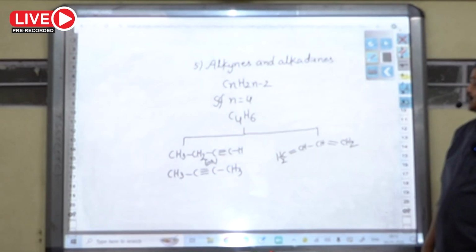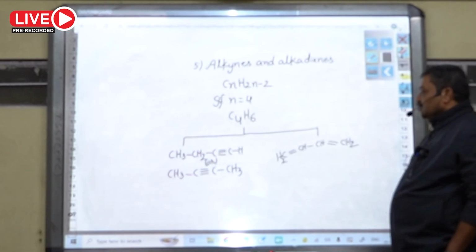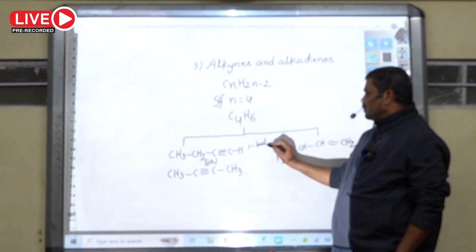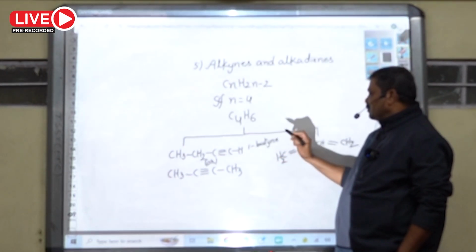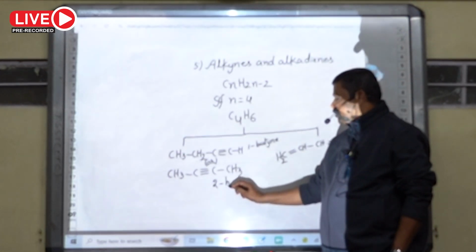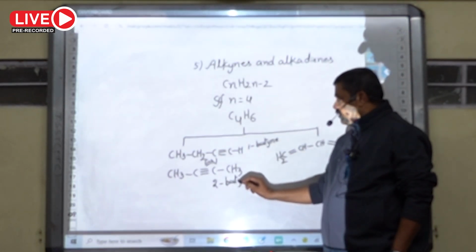So both are C4H6. The first one is 1-butyne. The second one is 2-butyne.